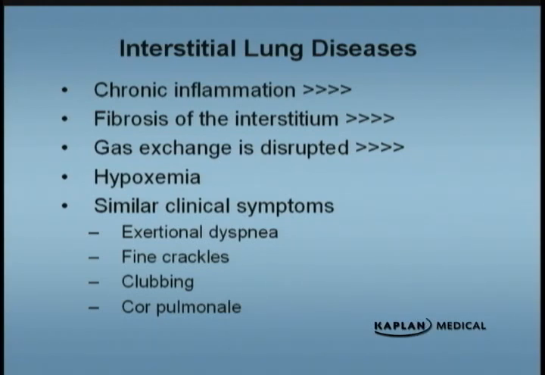So all these diseases have chronic inflammation. Something triggers a chronic inflammatory process in the lungs, usually at the level of the interstitium. The interstitium is the lining around the alveoli, at the alveolar level. For example, in people with asbestos exposure, it's the asbestos fiber that they breathe down, and this triggers an inflammatory response.